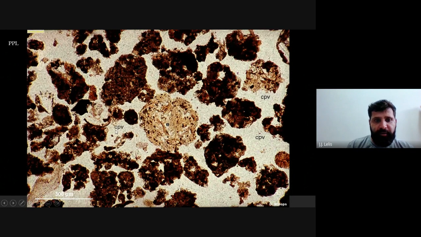That's called CPV. It's just a type of void, okay, don't worry. And this type of void is formed between the grains, which here are aggregates or pads, and the coarse material, the coarse fraction. So I can see here that the voids are formed between the aggregates and the coarse fraction.